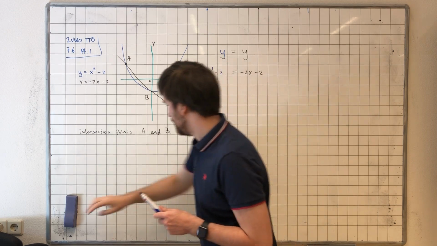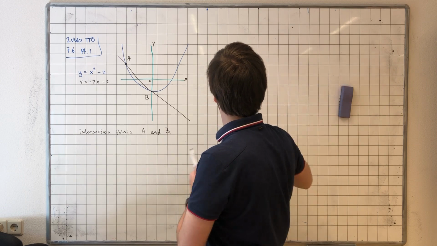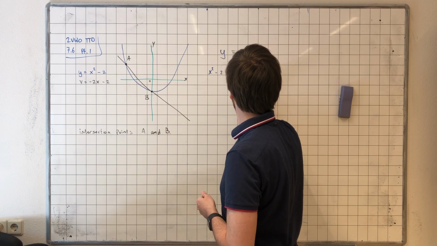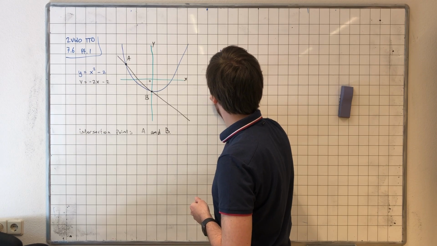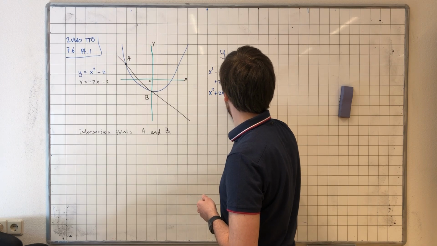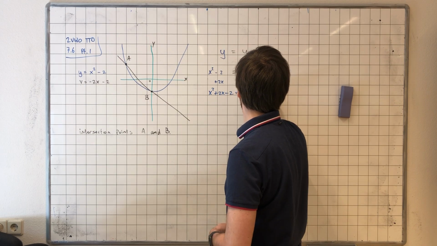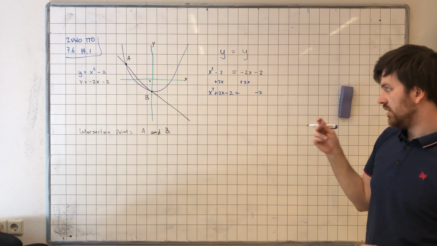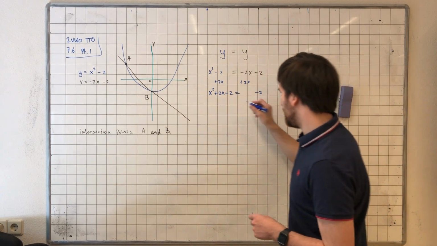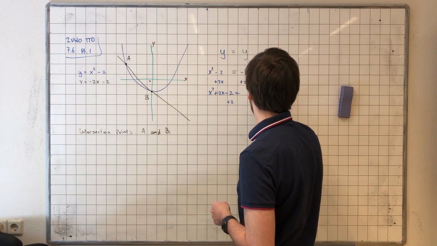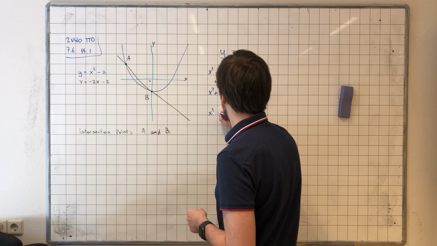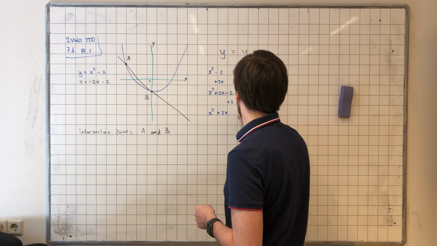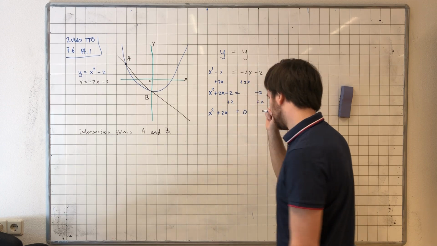Then I have x squared plus 2x minus 2 is equal to minus 2. I want to remove this minus 2, so I'm going to add 2 to both sides. So x squared plus 2x, the 2 cancels out, equals 0.